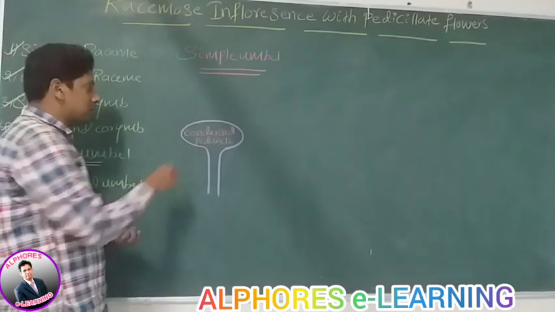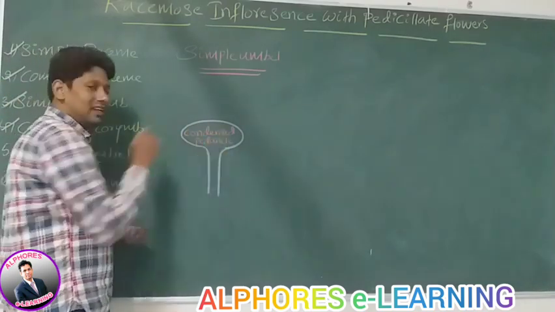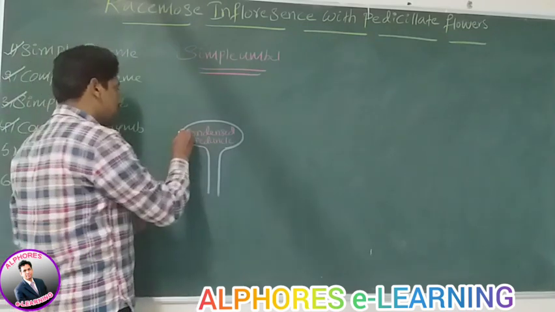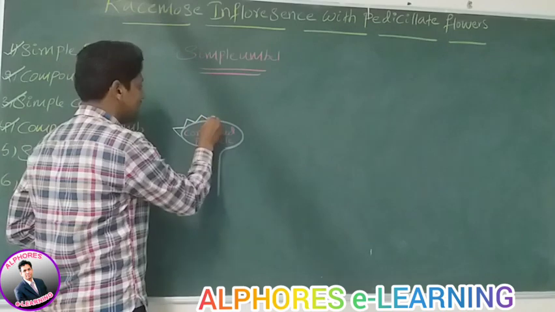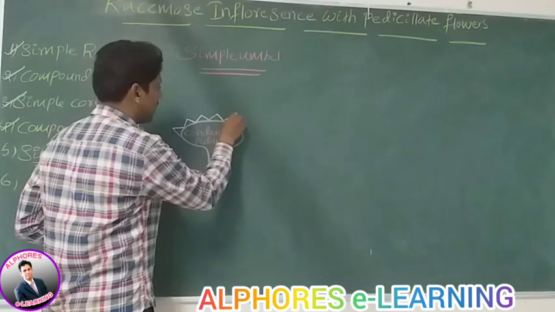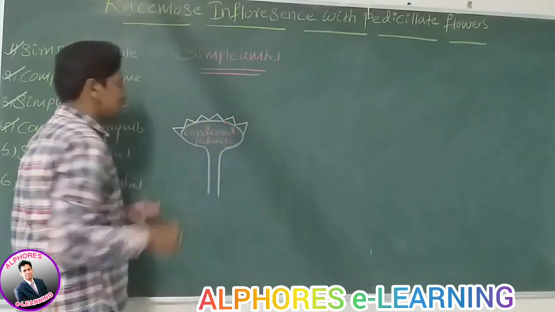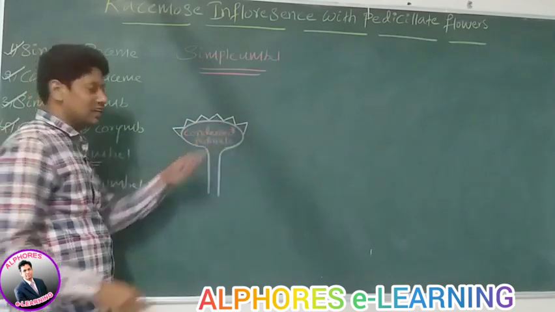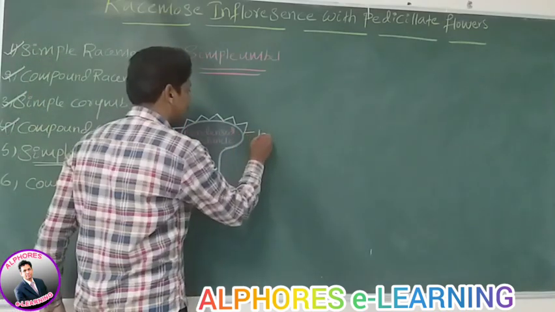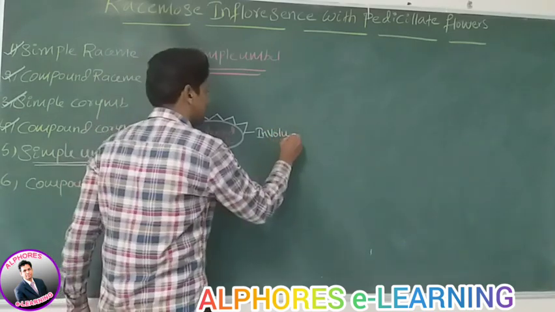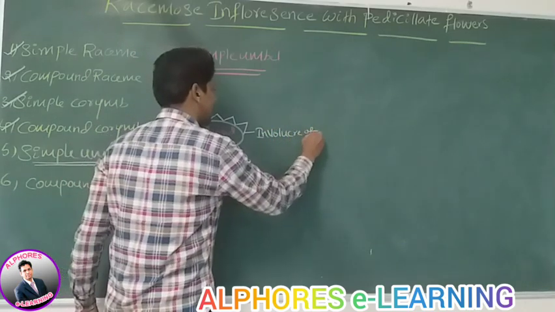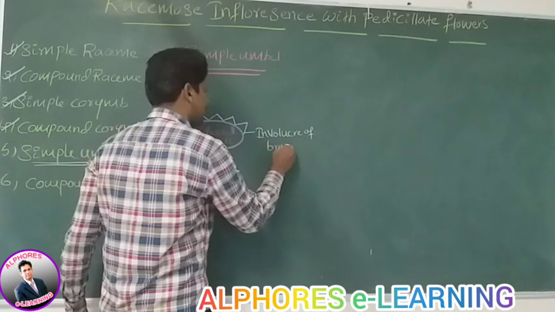As the tip of the peduncle is condensed, what happens? Bracts come close to one another and form a whorl of bracts. This whorl of bracts is called an involucre of bracts.